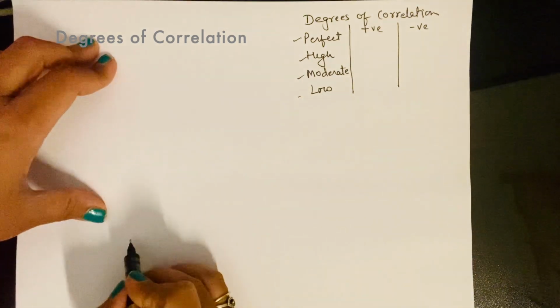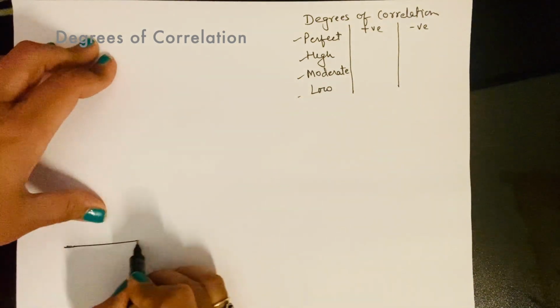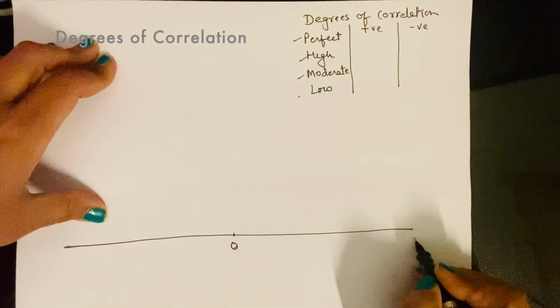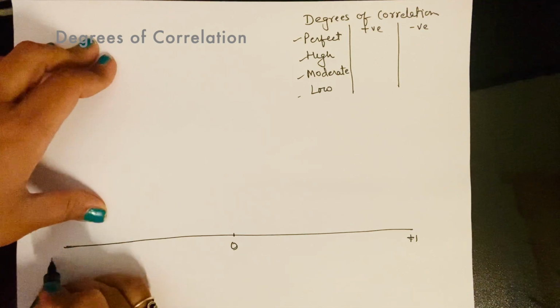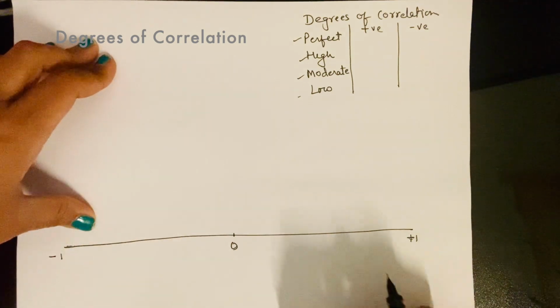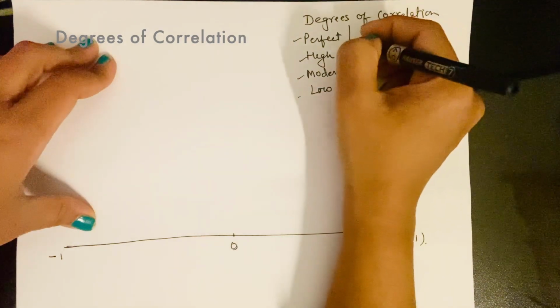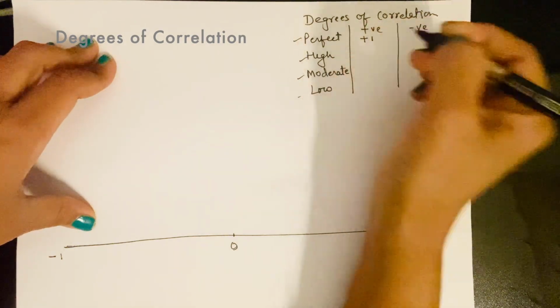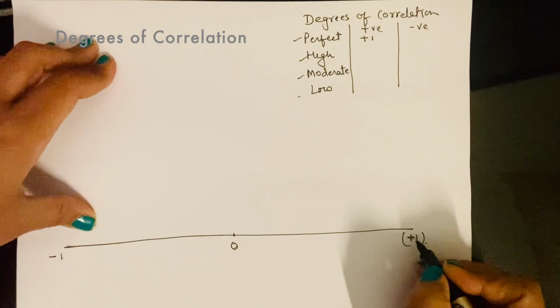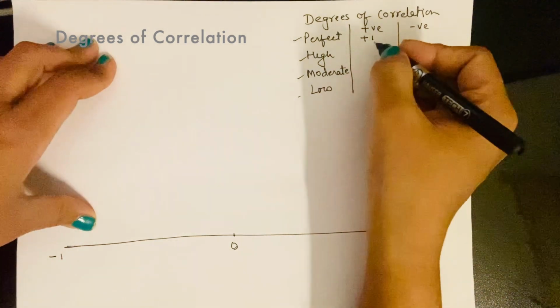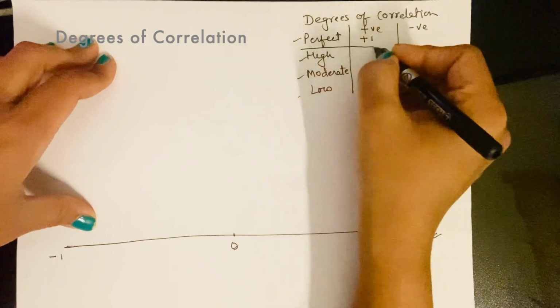So let's try to understand this on a timeline where the center point is 0, the extreme right is +1, and the extreme left is -1. If the correlation value is +1, that becomes a perfect positive correlation value.